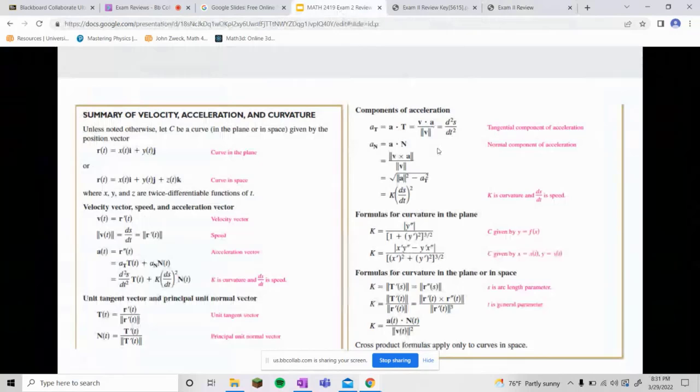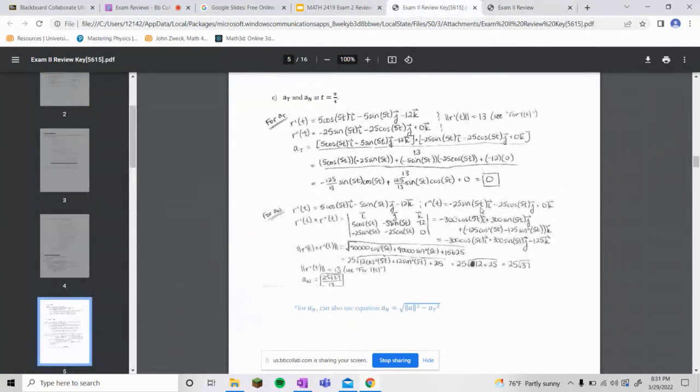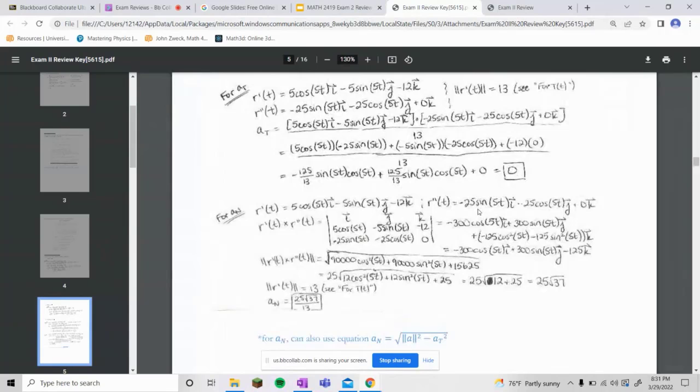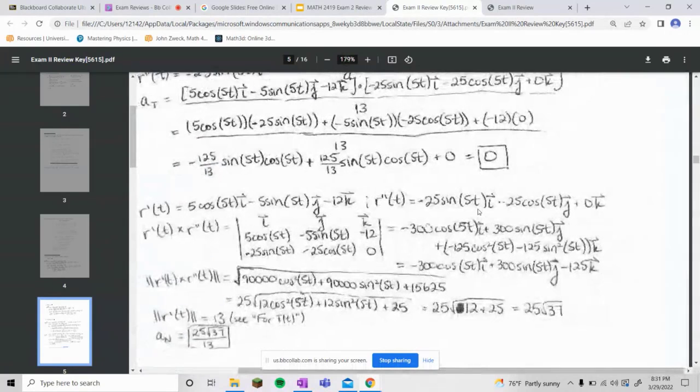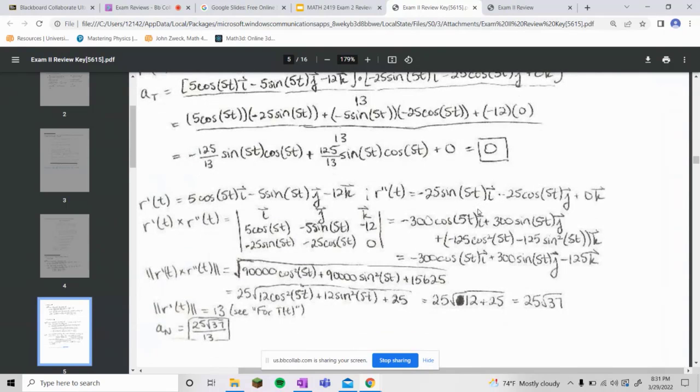So that was A_N. They got a different number.